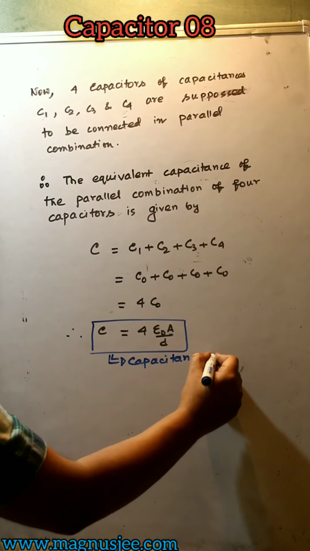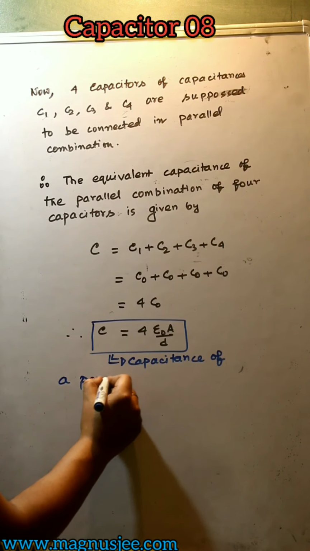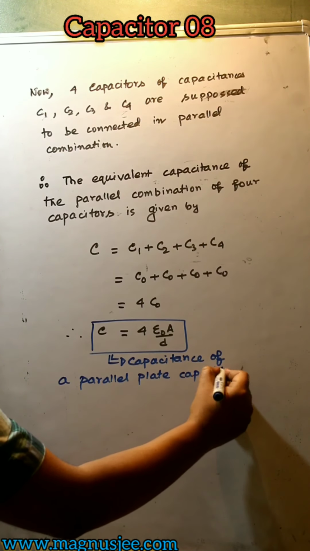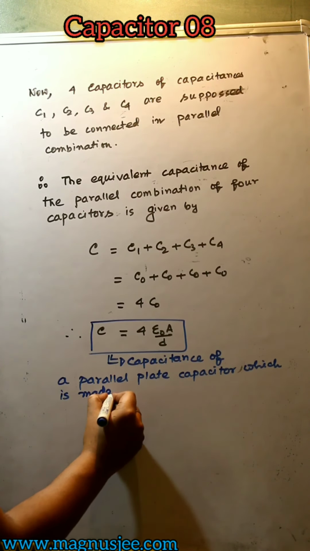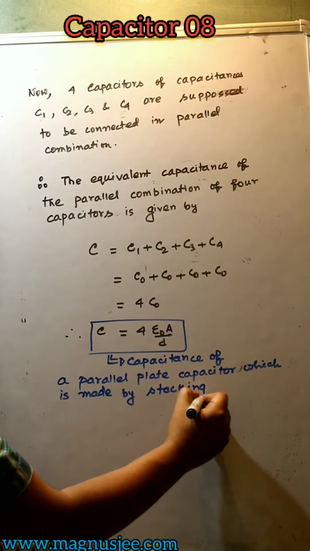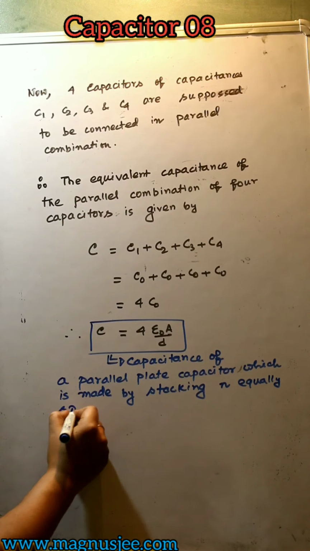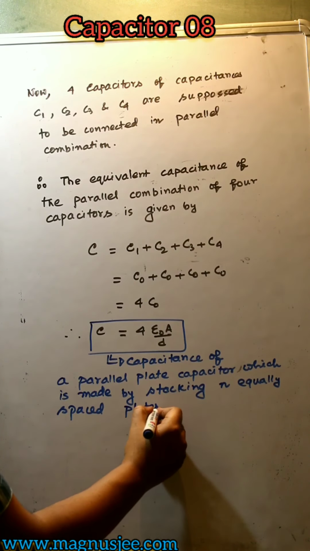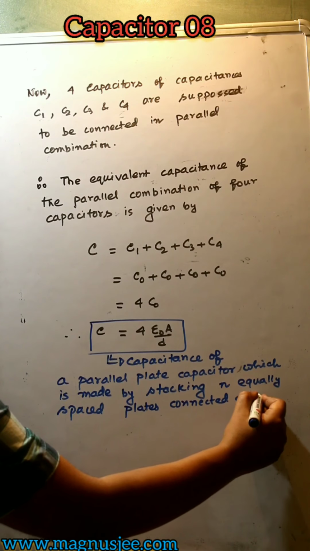This is the capacitance of a parallel plate capacitor which is made by stacking five equally spaced plates, a parallel plate capacitor containing 5 plates connected alternatively.